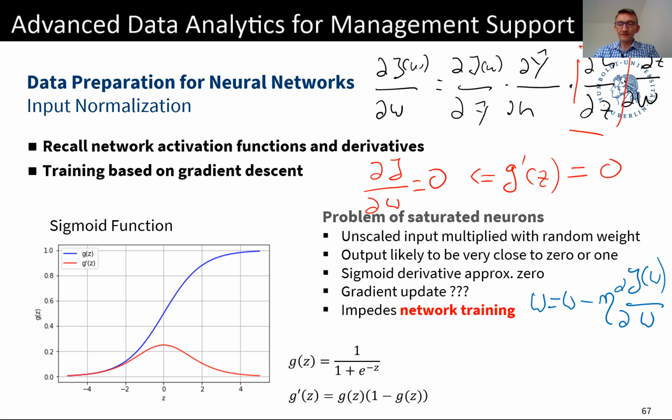If the gradient is 0, then our weights don't change anymore. So essentially we have w equal to w when we update our weight. There is no change. No change means no training. Our network weights don't change.